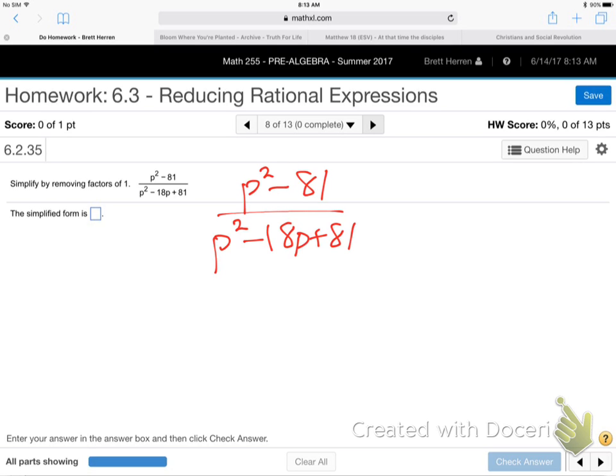So that top factors as an FL, doesn't it? A difference of squares, as Joel reminded us this morning, on the top. So it's an FL.